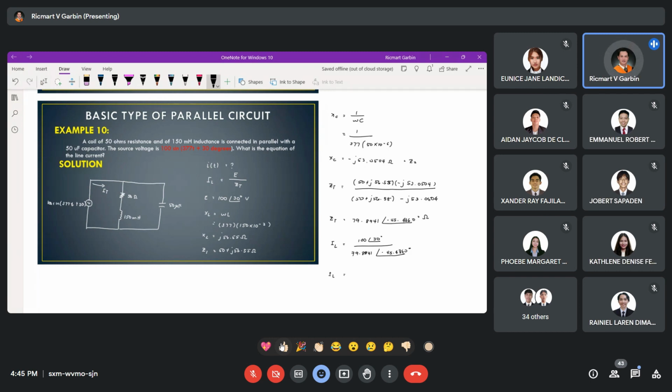Kasi equation naman yung ating hinahanap, para idediretso na nating conversion papuntang equation.